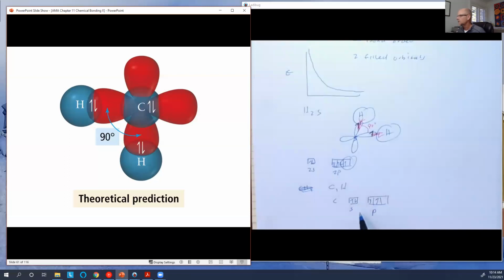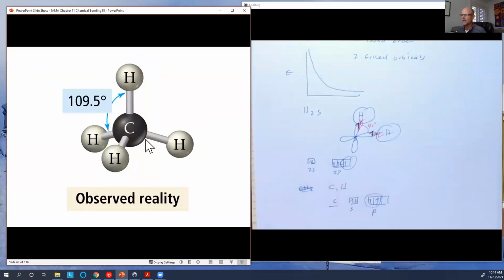So according to valence bond theory, it seems that carbon would only be able to form 2 bonds, kind of like sulfur did, right? And those bonds would be through p electrons that have a 90-degree bond angle. So if we apply the simple idea using just the normal atomic orbitals to carbon and hydrogen, we predict that we would get a molecule of CH2 with a 90-degree bond angle. But that's not what we get. As we know already, carbon and hydrogen form methane, CH4, and it has a tetrahedral shape and a 109.5-degree bond angle. So how does this happen?